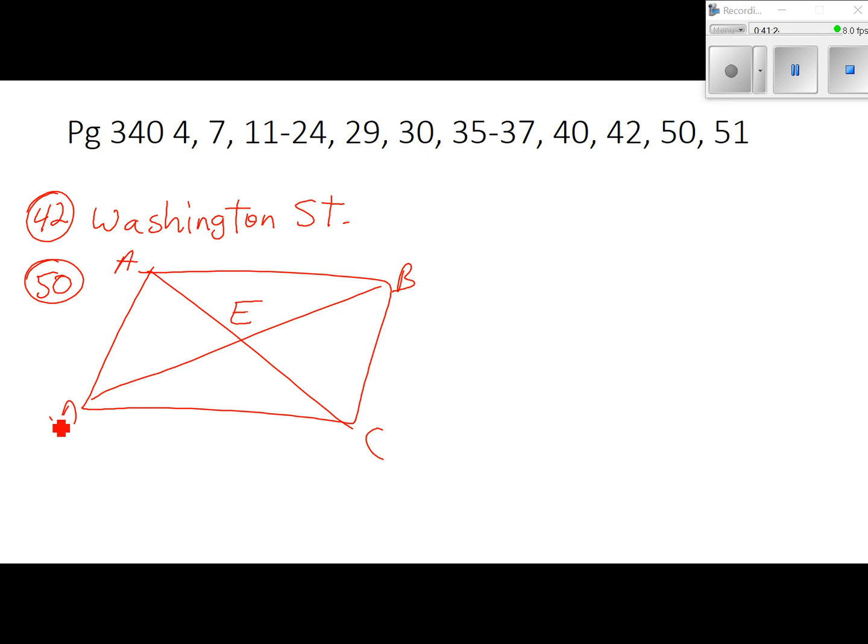So they want the included angle between segment AE and segment BE. Remember, included angle just means the angle that falls between those two. Well, that's this angle right here. We're going to name it with 3 letters. So angle AEB is the included angle.